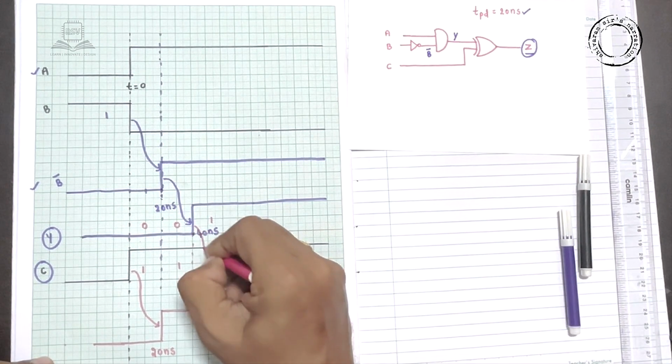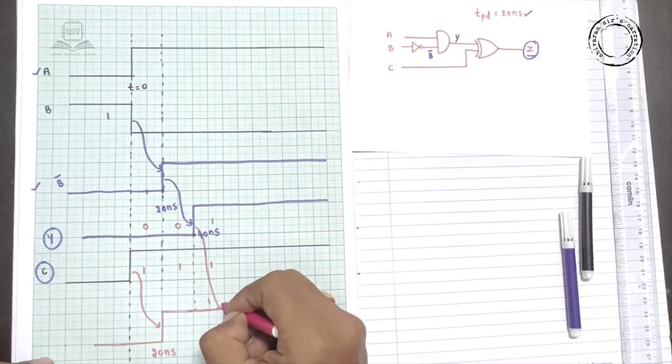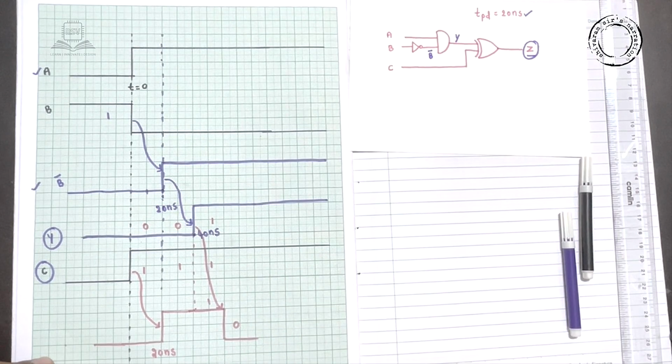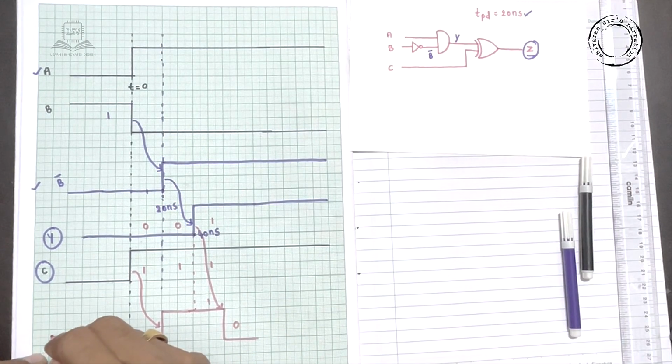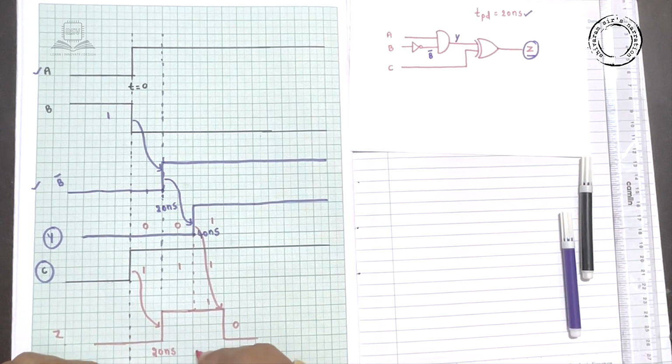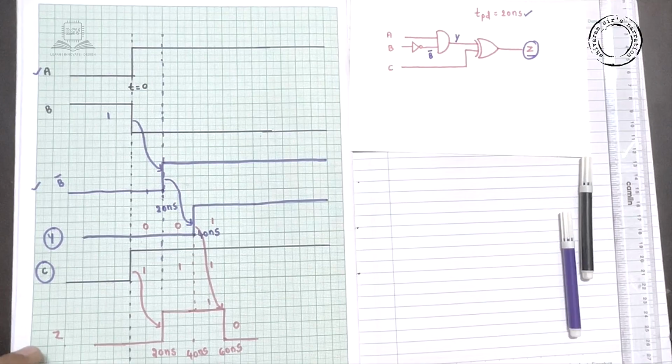This change will appear on this output after 20 nanoseconds. This is output Z. So here I can say that the output is 1 for nearly 40 nanoseconds, because the duration is like this, 1 2 3 4, 40 nanoseconds time period, the output is logic 1.